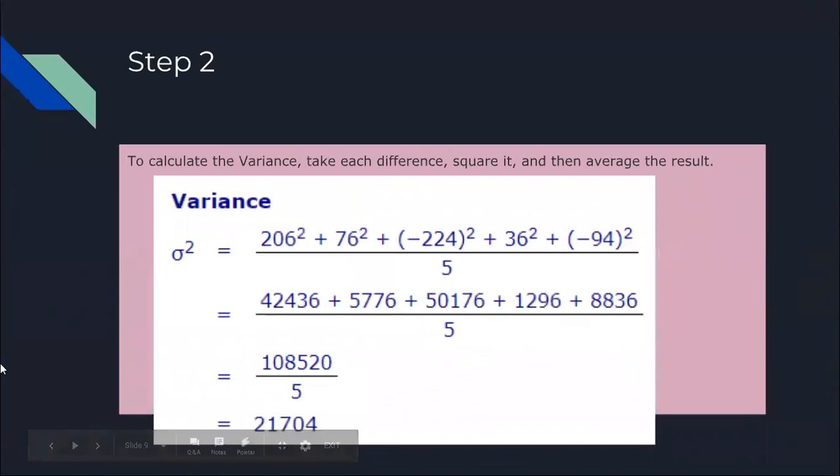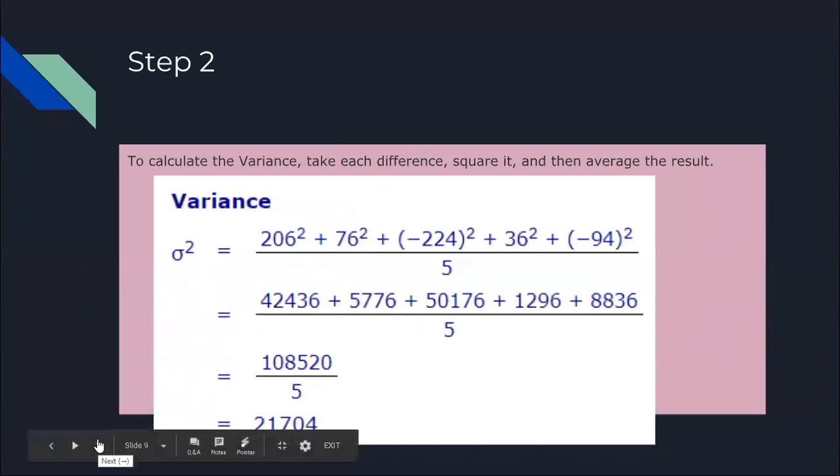Step 2. To calculate the variance, take each difference, square it, and then average the result. I'm not going to go into details, but as you can see, it is all of those numbers squared. Once you square them, you have very large numbers. You just add them all together and then again divide by 5, the amount of dogs.